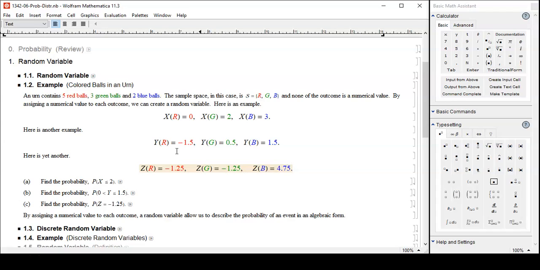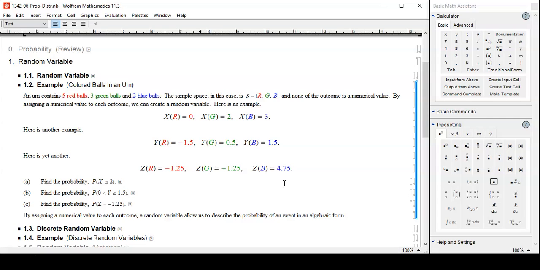So in this case, you can consider only 2 outcomes, negative 1.25 versus 4.75. In this case, or that case, you can consider 3 different outcomes. Now, along with all these numbers, we can do a lot more mathematics. And that's what random variable is all about.